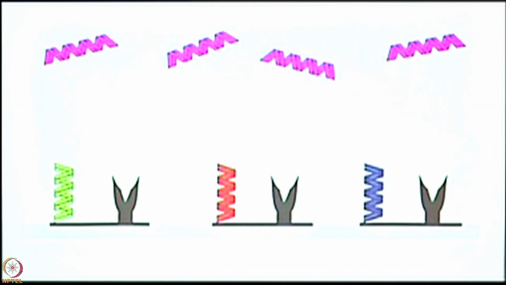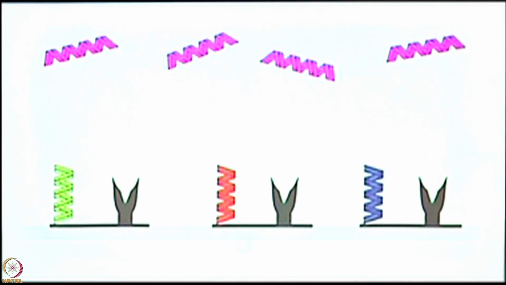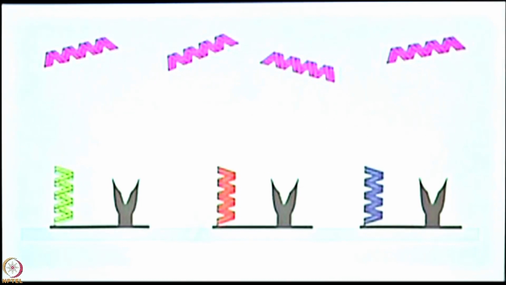Now we want to ask, do any of these 3 proteins interact with the pink protein? Right? And in this case, what we're doing is we're going to add the gene for the pink protein in the solution along with these guys, which are attached to the surface. So these guys are bound to the spot. This is free to go anywhere it wants.